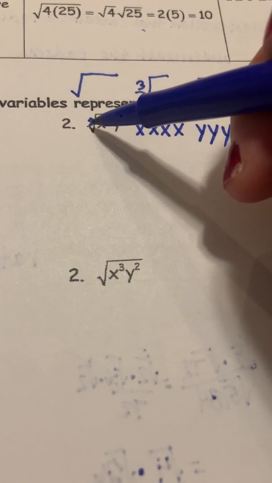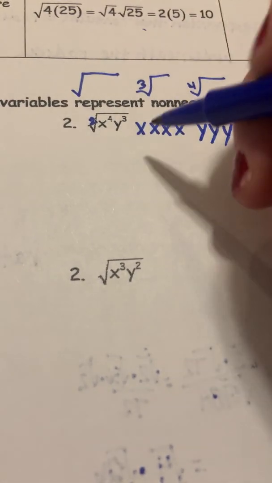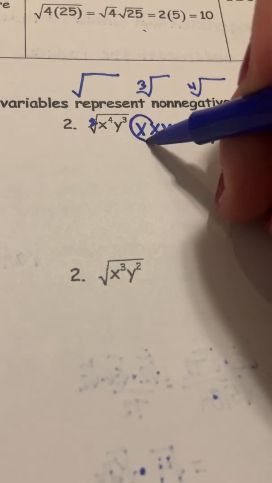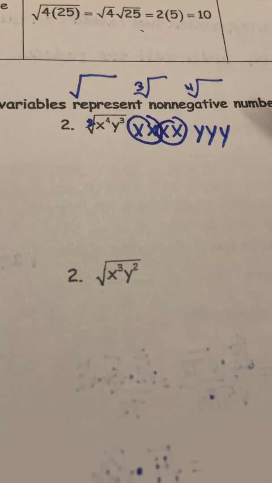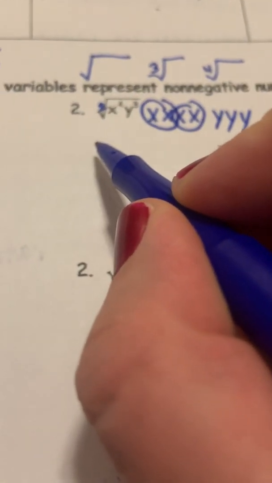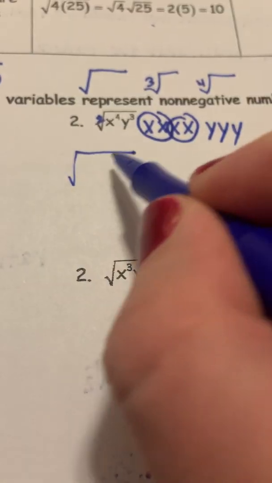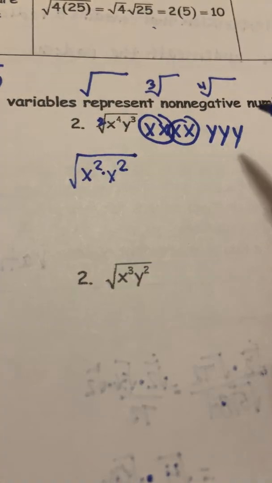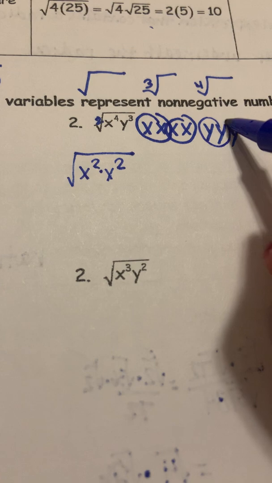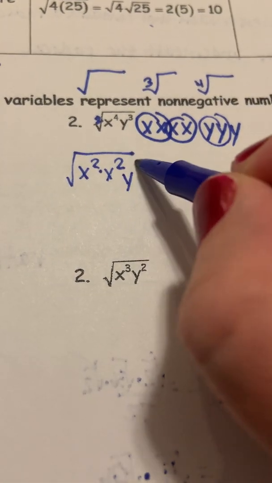Because we have a square root, that's groups of 2, so I'm going to group them. I can make 2 groups of 2. Underneath my radical, I'm going to have x squared times x squared. And for my y's, I can only make one group of 2, so I'm going to have y squared.